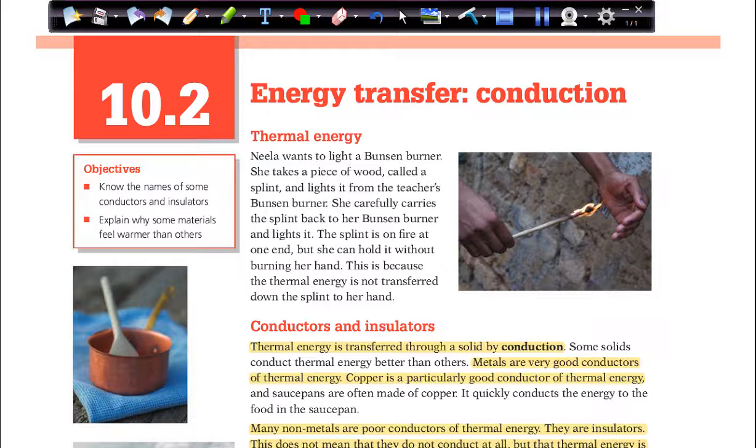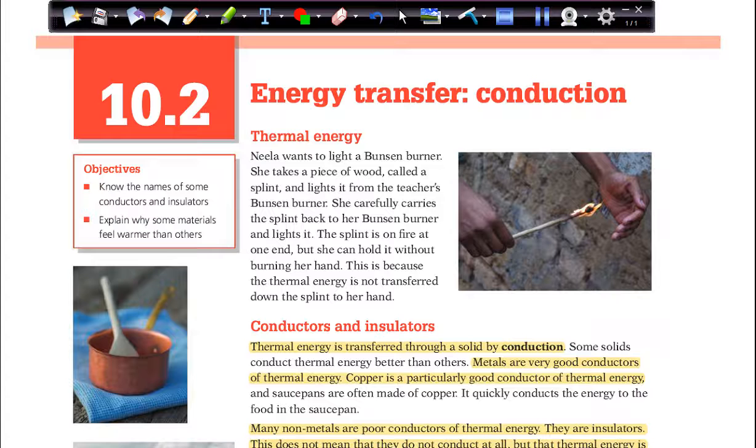And insulators block the way for anything to pass, so they don't allow the heat or the electricity to pass through. So open your books on page 206 and follow me.